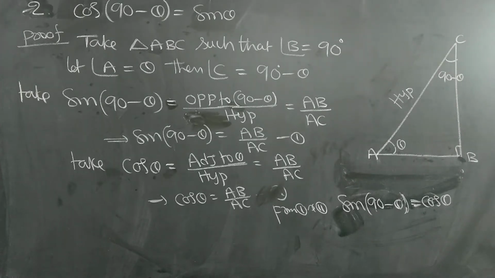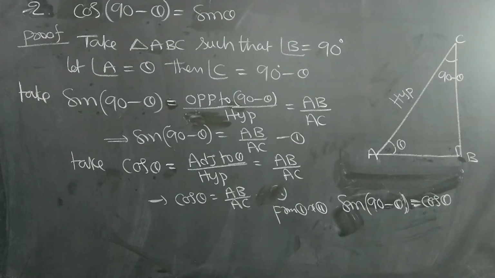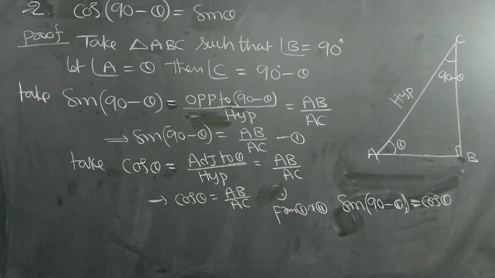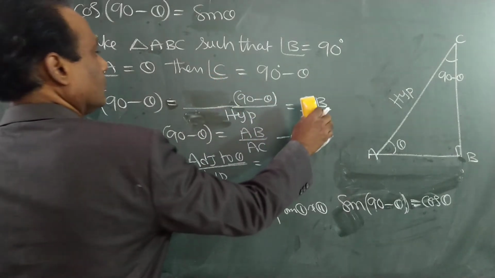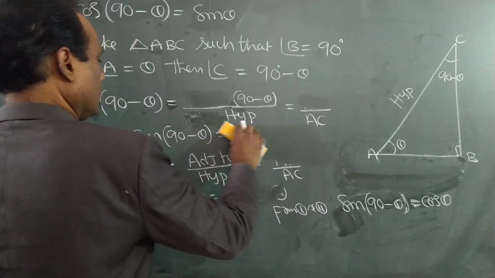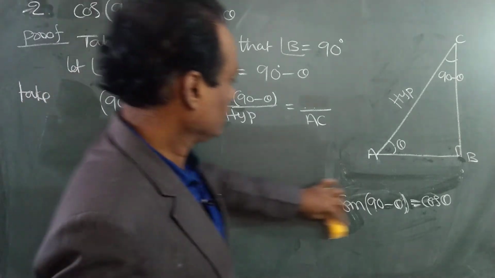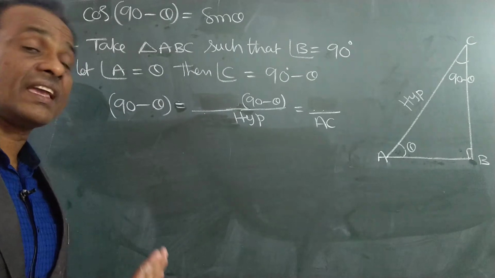Second formula: sin 90 minus theta is cos theta, and same way cos 90 minus theta is sin theta. How? Let us prove.